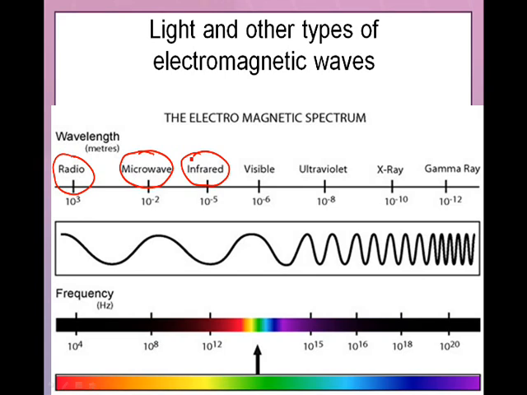Most of our remote controls, like for your TV or your video camera or your stereo, use infrared radiation to carry the signal from the handpiece to the device.